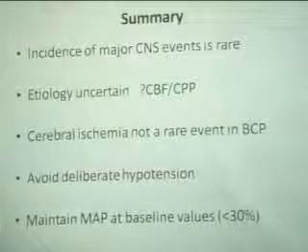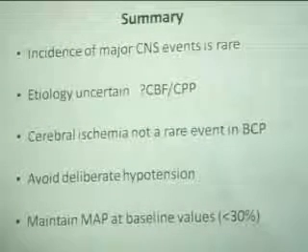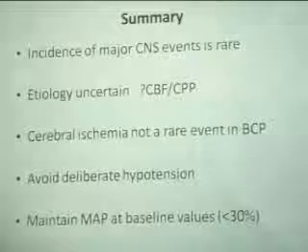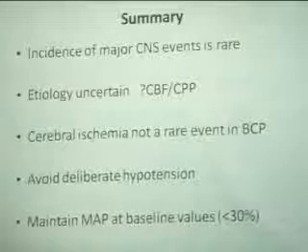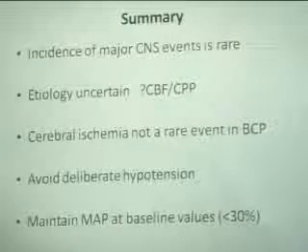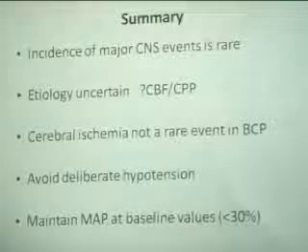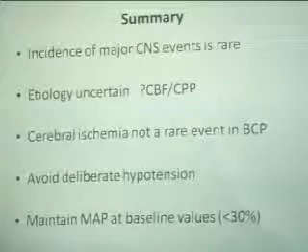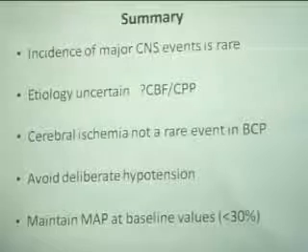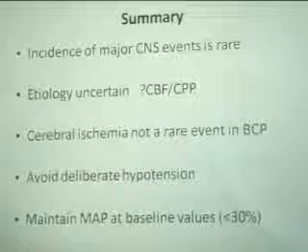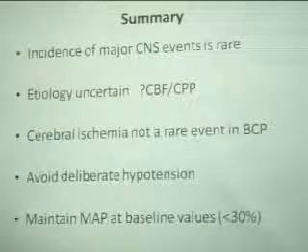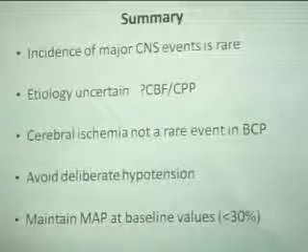Cerebral ischemia, not injury, is not a rare event in the beach chair position. Therefore, consider regional anesthesia as much as possible if the surgeon and the patient are willing. Avoid deliberate hypotension with either general or regional anesthesia. This is something we have to keep in mind, and maintain mean arterial pressure as close to baseline as possible. Thank you.